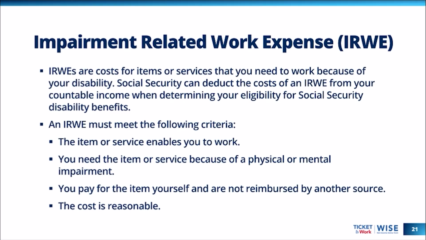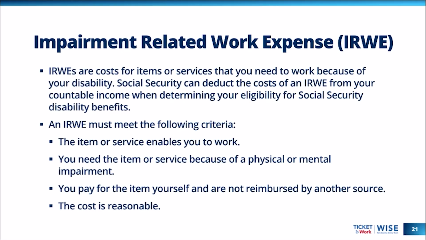So let's say I am working, I'm earning $1,800, but I have a $200 IRWE that I need for physical therapy over the course of each month. That means my countable income is $1,600. That's below that magic $1,620 for SSDI, and I still get my payment. So these are very valuable things.